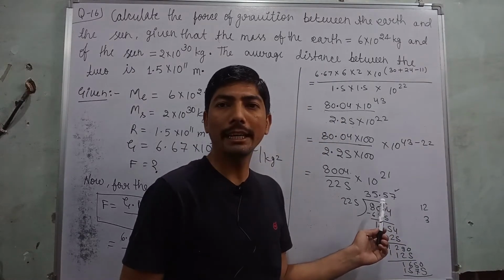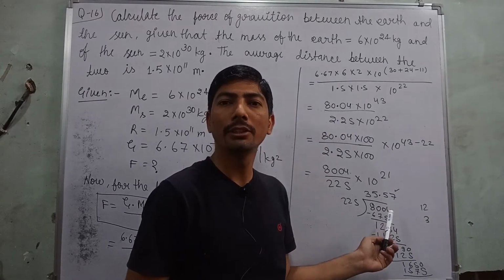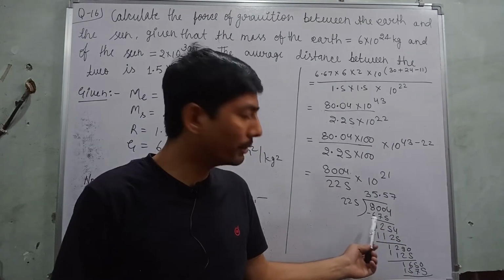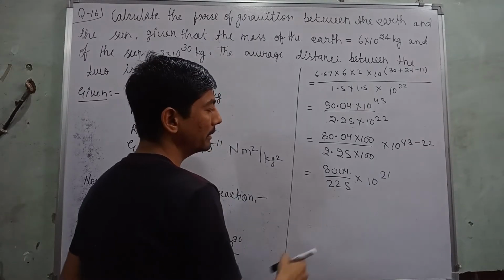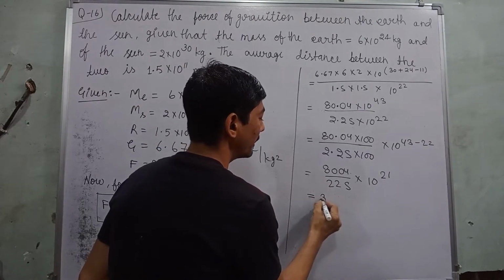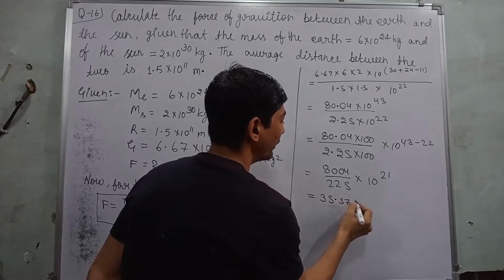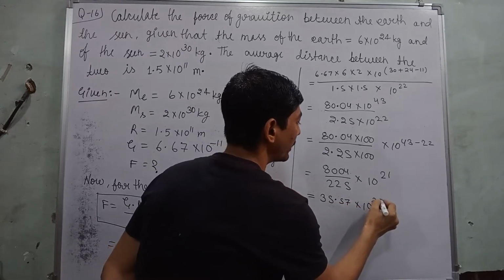So you see here I take 2 digits after the decimal place, so I write here this answer. If you want to write down this division, you can write it, I will erase it. After division it will be 35.57 into 10 to the power 21.